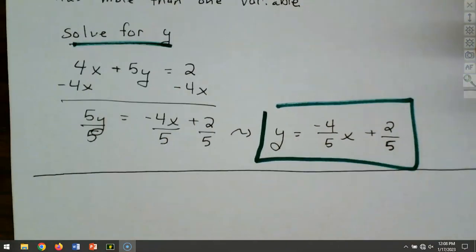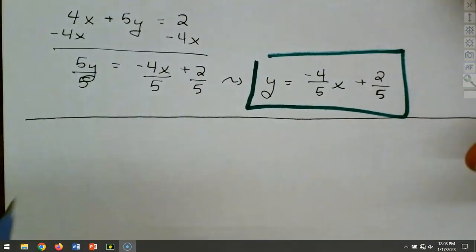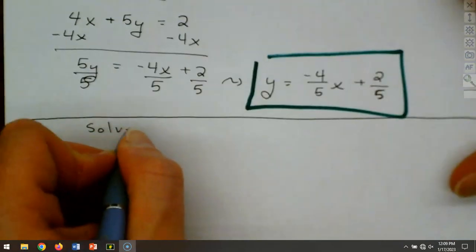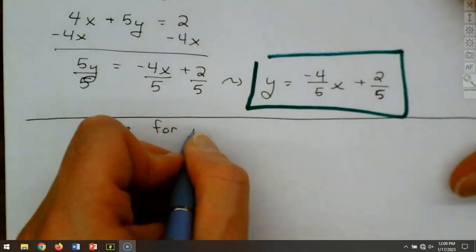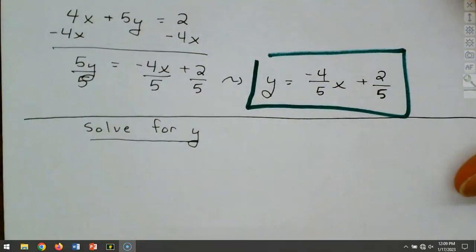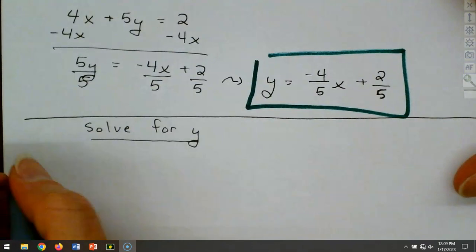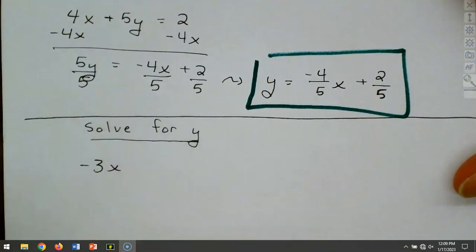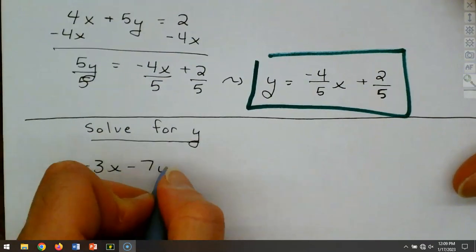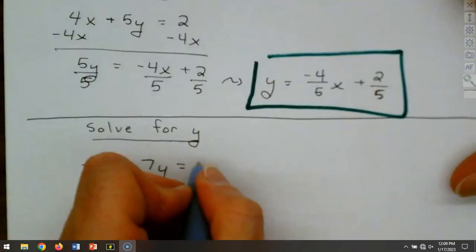Let's do one with a negative and one that'll reduce down a bit. So again, we're going to solve for y. And let's say I have minus 3x minus 7y equals 9.